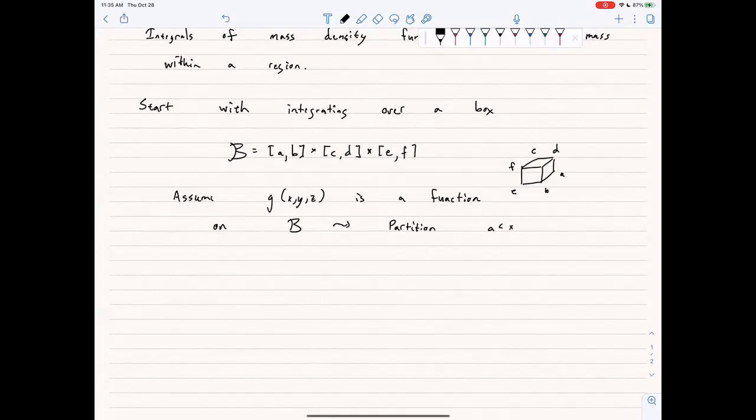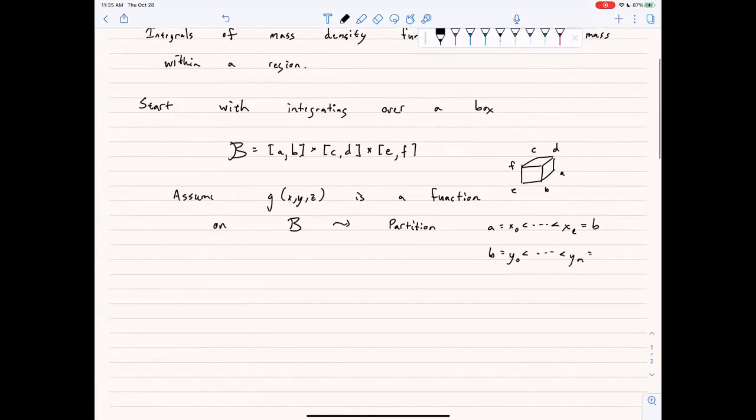So we'll partition [a,b] up to x sub l, which should be equal to b. I'll partition this interval to y sub m. It should start, of course, at c and end at d.